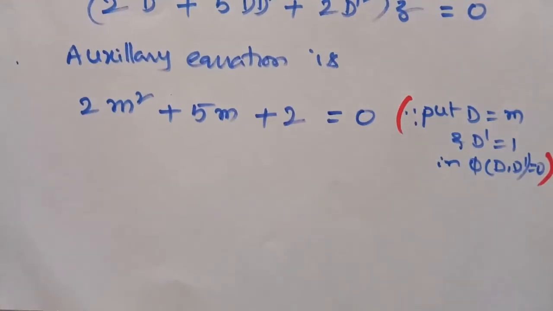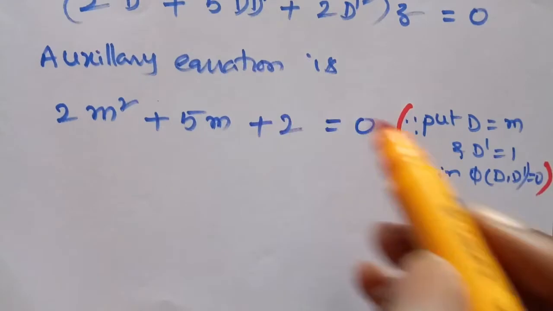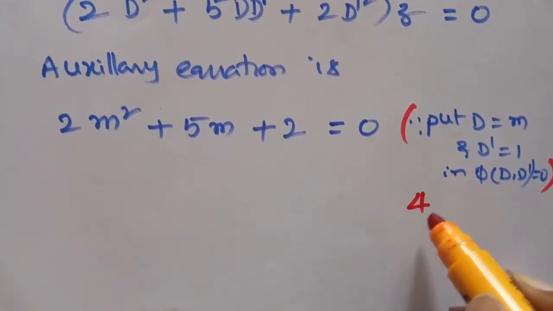For this we are multiplying 2m² into 2, giving 4.